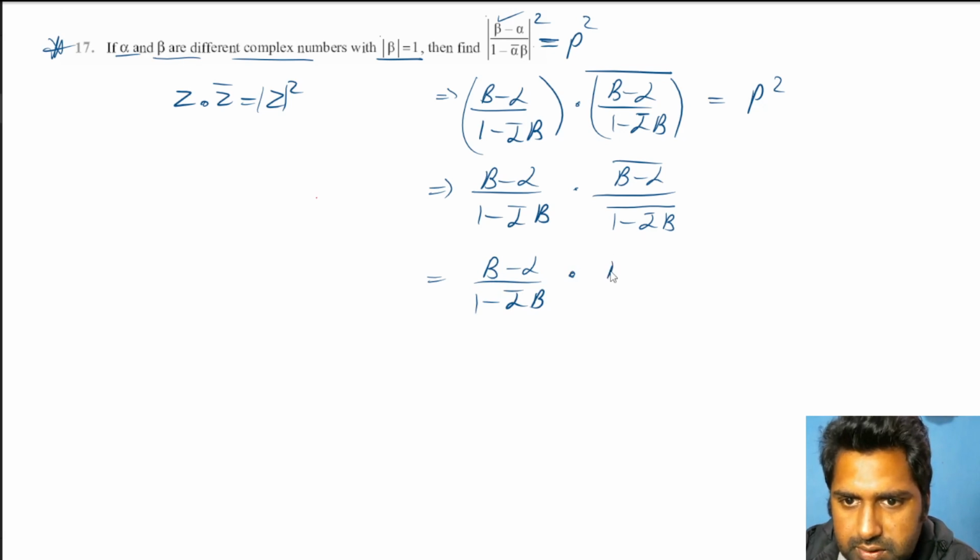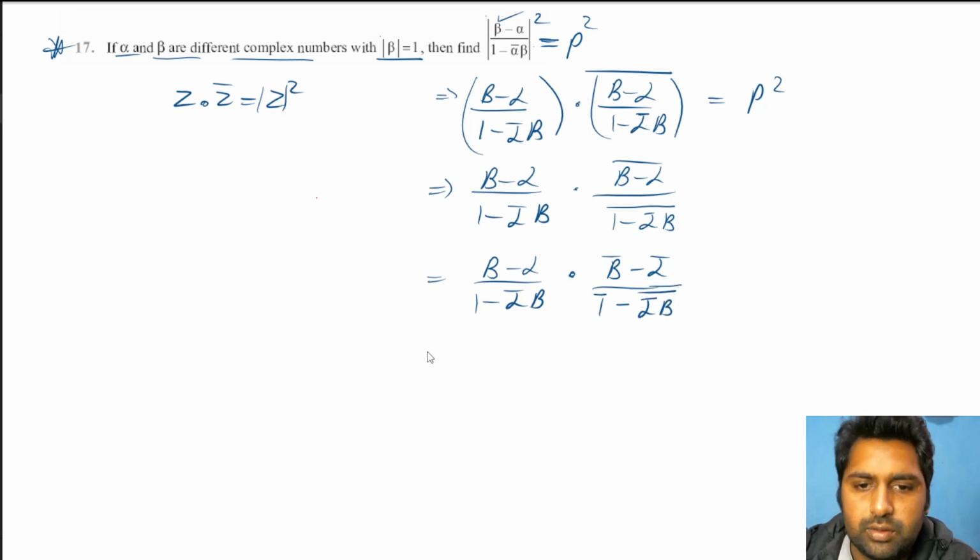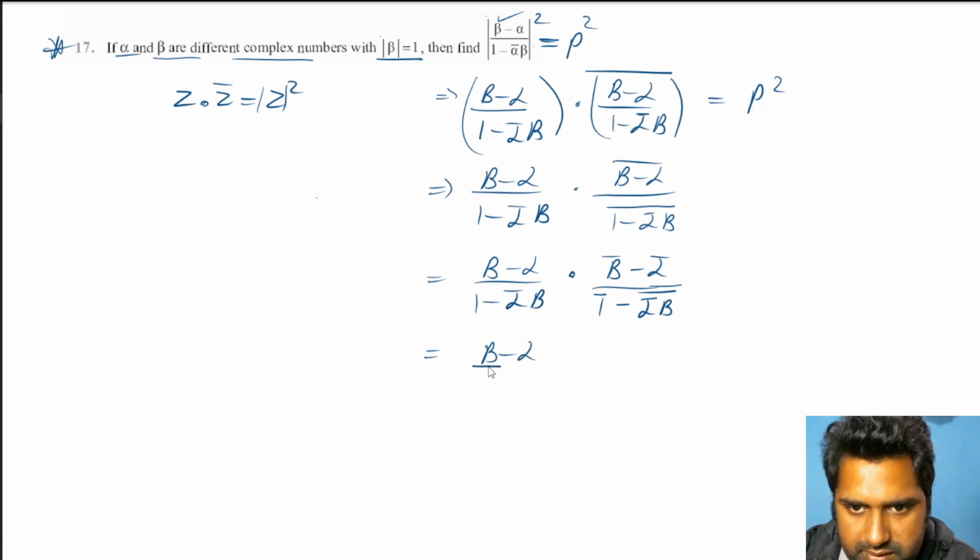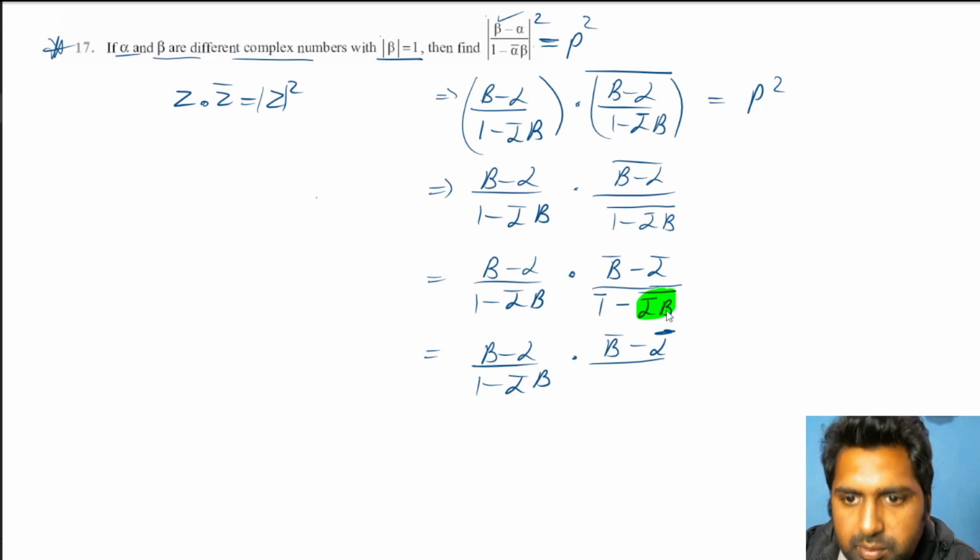So this is beta bar minus alpha bar upon 1 bar minus alpha bar beta whole bar. We are focusing now on this alpha bar beta whole bar.